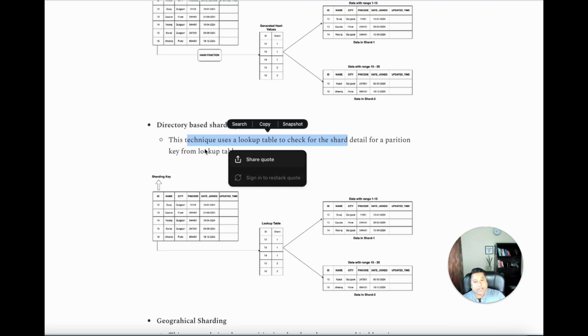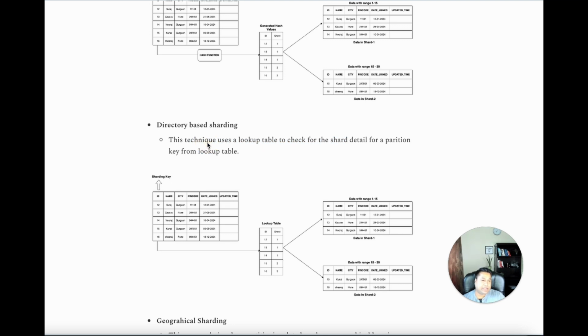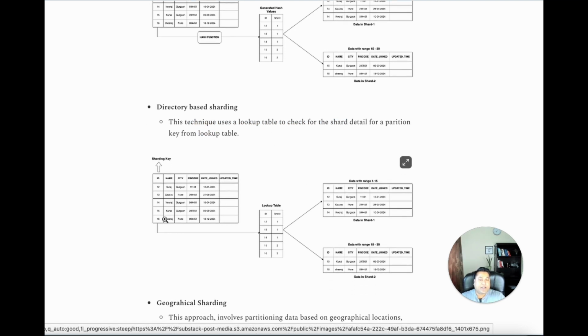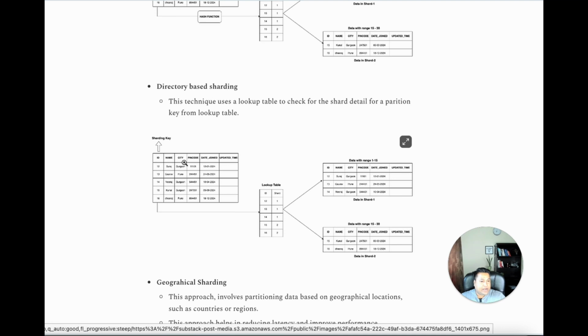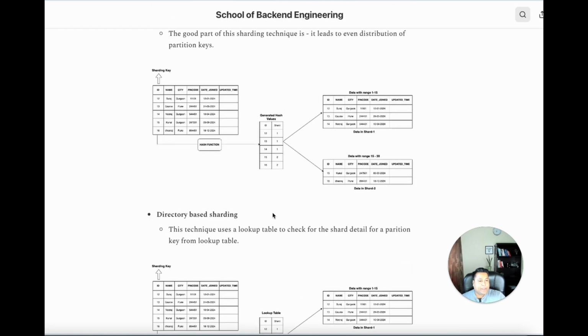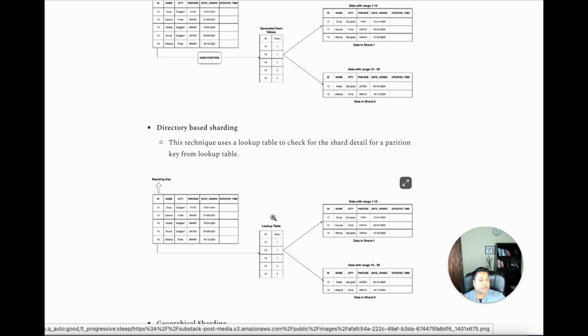Second thing, this again comes with another challenge. Every time you are adding an entry into this record, you will also have to maintain the same record in the lookup table, right? So again, you have various sharding techniques, but you have different trade-offs. So it depends which trade-off aligns with your requirement, and you will have to select accordingly, right?